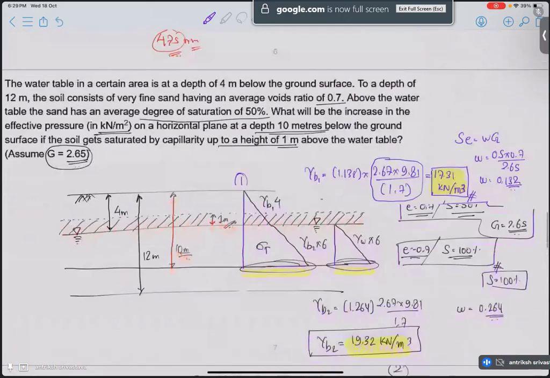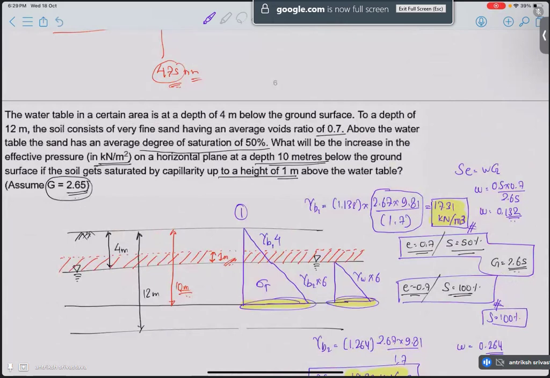Sometimes in these questions there are some where they will say to ignore the effect of capillarity on water stress.